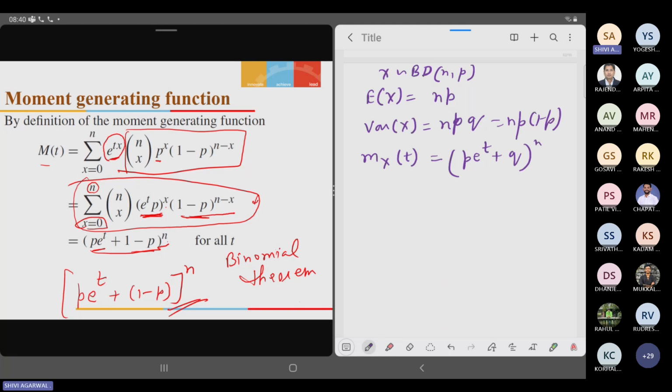nCx is already there, by the binomial theorem. When we use nCx, if we take the summation, x equal to 0 to n, of a to the power x and b to the power n minus x, then this formula becomes (a plus b) to the power n.